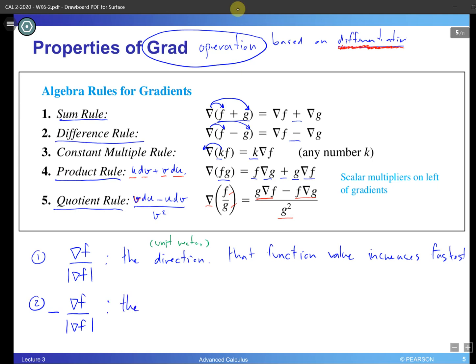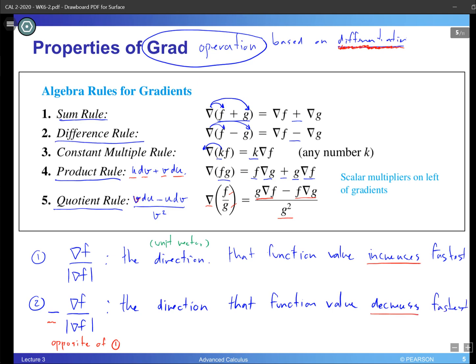Once again, it's a direction, but this time it goes the opposite way of number 1, which means this is the direction in which the function value decreases the fastest. So the keyword is right here. The first one is about increasing, and number 2 is about decreasing. So if you want to find the direction to follow to decrease your function value, you need to follow number 2.